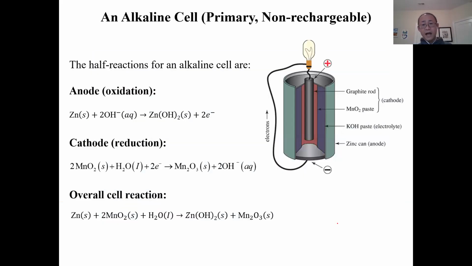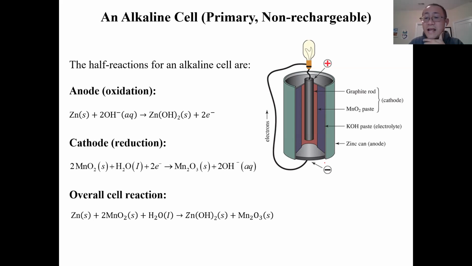Now, let's take a look at those commonly encountered galvanic cells. The first one, of course, the most commonly seen one, is the alkaline battery. The alkaline battery looks like this. It has a plate at the bottom, which is called the negative plate, where the electron is coming from.